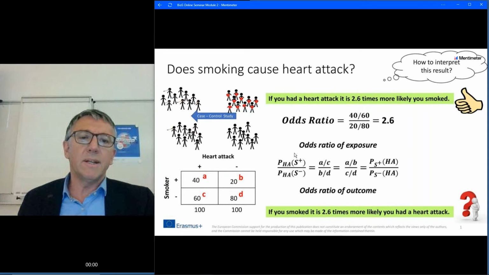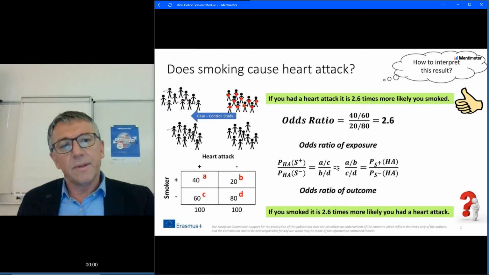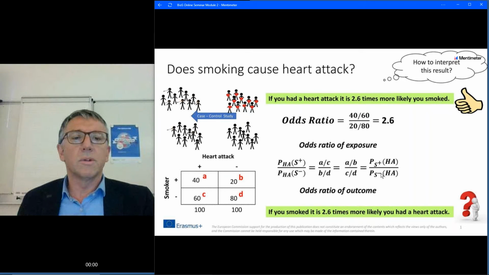And now if you do the mathematical rearrangement of this formula, you can use the mathematical rules to develop this formulation here. And this actually is the probability of having the heart attack in the condition you have smoked divided by the probability of having a heart attack having not smoked.